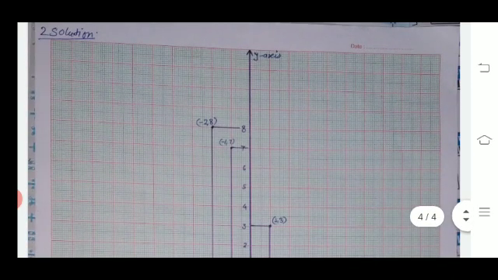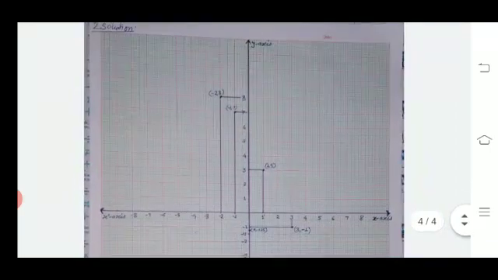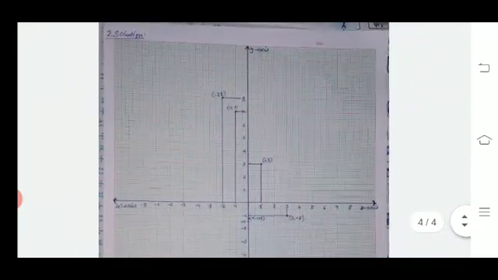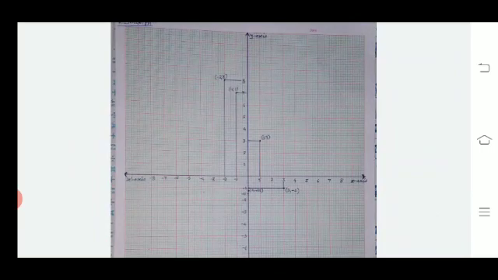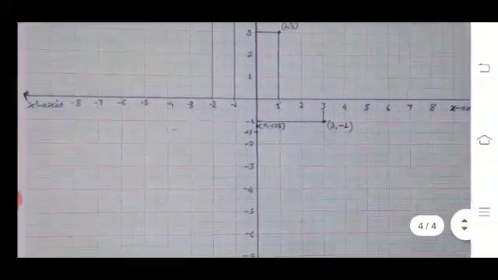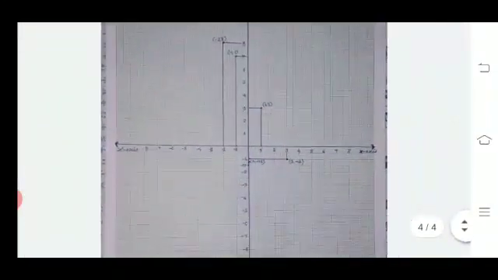See, here we take graph paper, where 1 box is equal to 10 small units and 1 big unit. So this is the axis, and we represent 1, 2, 3 up to 8 points like this, one horizontal and one vertical line.